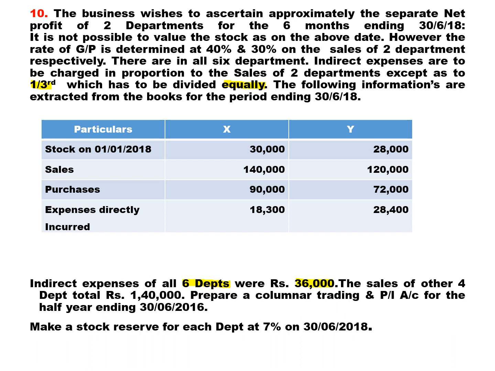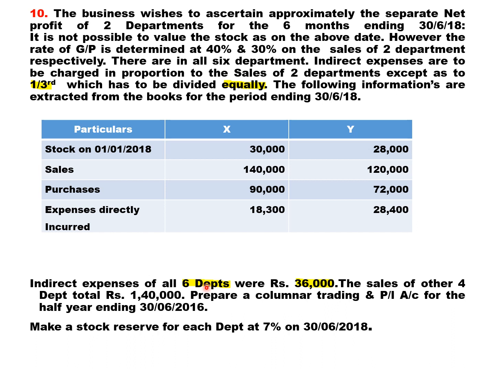So what do they mention? 1/3 to be distributed equally, and the remaining 2/3 to be distributed in sales ratio.